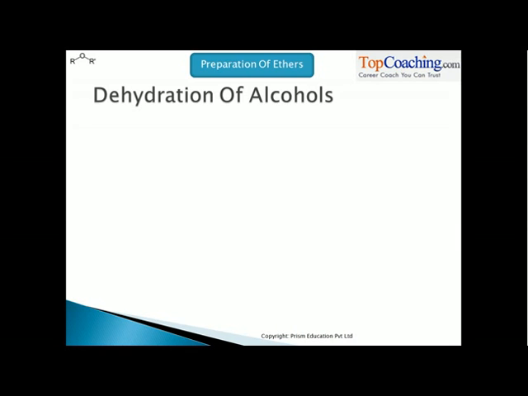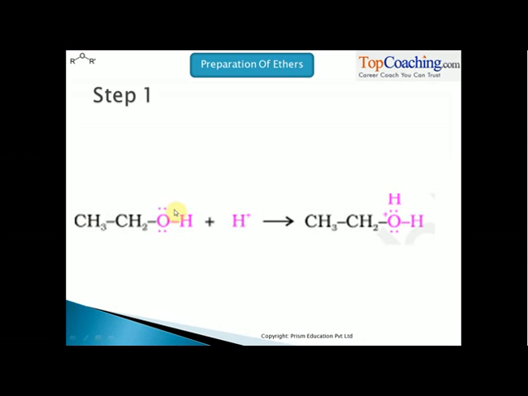Another method of preparation of ethers is the dehydration of alcohols. So, alcohols in the presence of sulfuric acid: a slightly different temperature changes the reaction totally. At a higher temperature of 443 K, with the same reaction conditions, we get ethene, whereas at a slightly lower temperature we get ethers. Let us have a look at the mechanism of this reaction. We have alcohol over here.